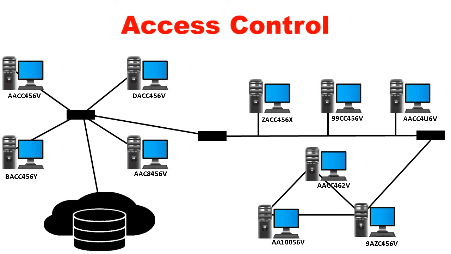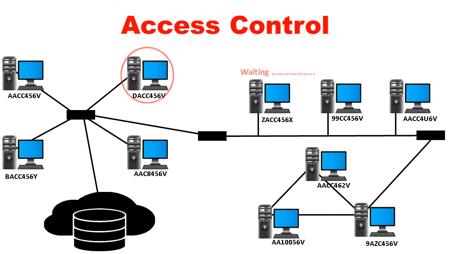Another important function of the data link layer is access control. When multiple devices use a single communication channel, then the MAC sub-layer of the data link layer determines which device controls the channel at a given time.